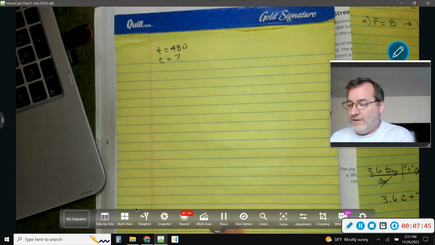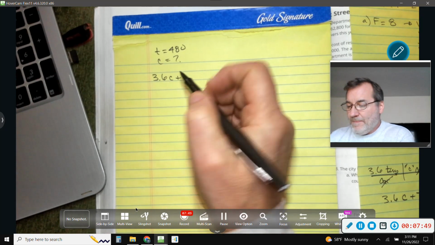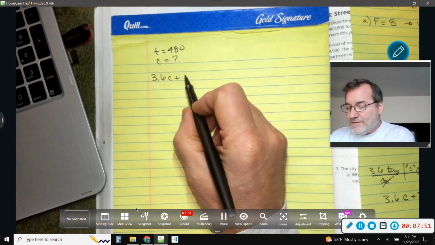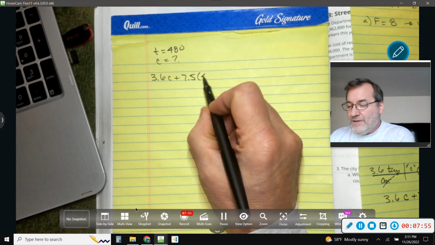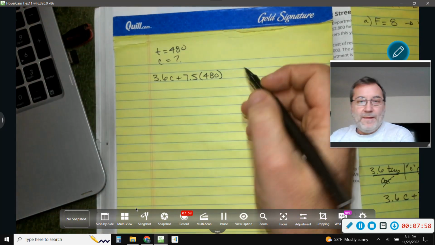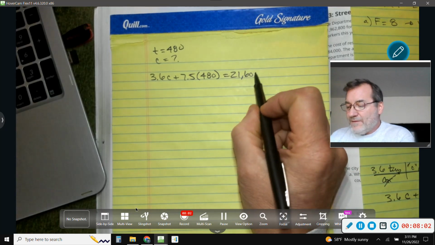All right. Well, we take our equation that we just worked with, 3.6C plus 7.5, and there's supposed to be a T here, but I already know what T is. It's 480, and then altogether that has to be 21,600.